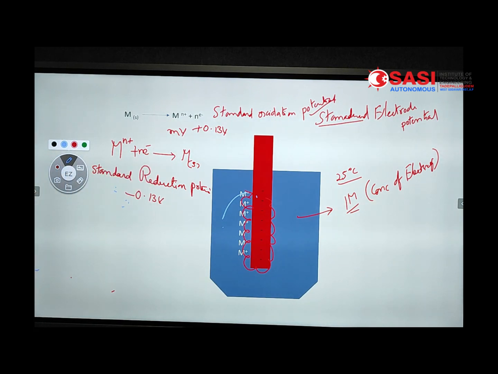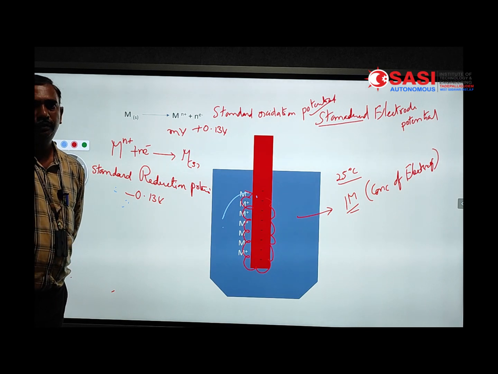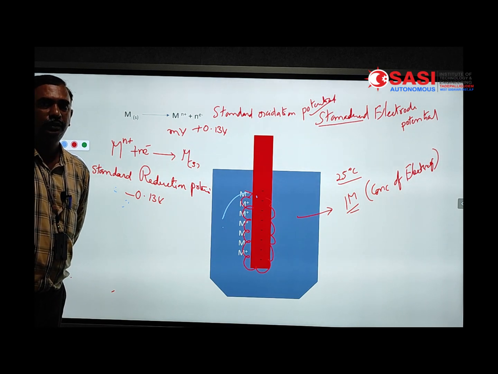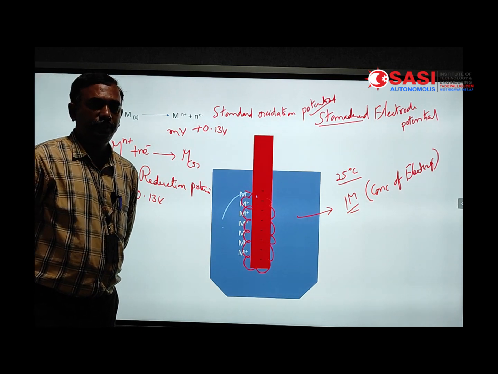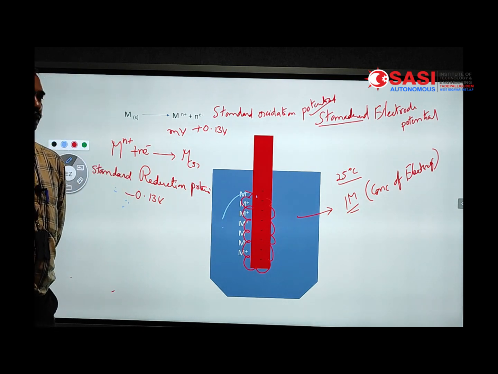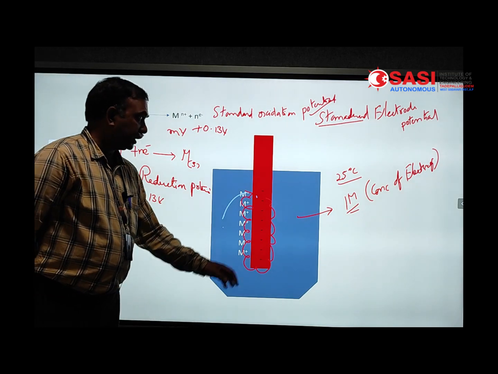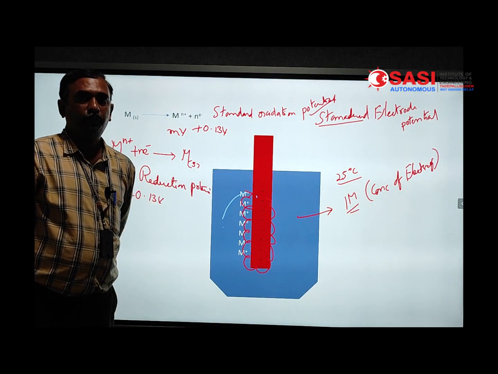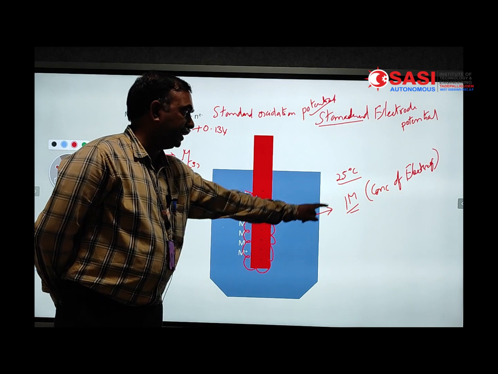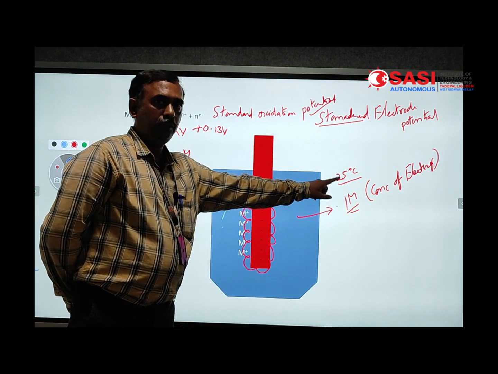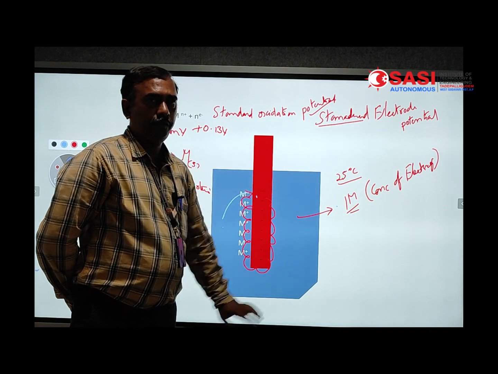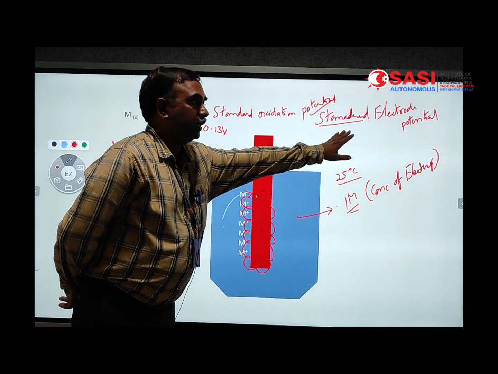So this is regarding electrode potential. So what is electrode potential? It is the potential developed at the interface of the metal and solution when it is placed in its salt solution, means own metal ion solution. And what are standard electrode potentials? The electrode potentials which are determined at standard conditions by taking 1 molar solution of its salt solution and at a temperature of 25 degrees centigrade is called standard electrode potential.